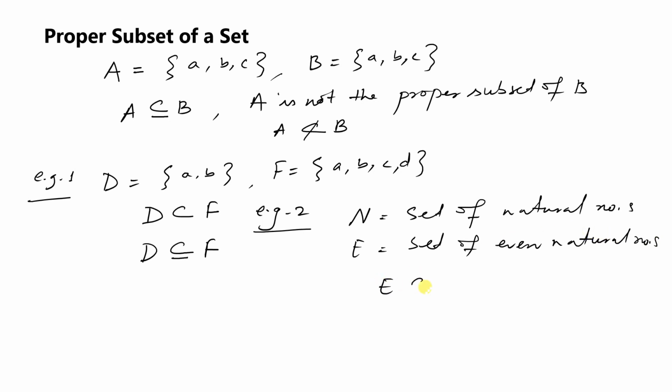So you can say E is the proper subset of N, because N also has odd numbers, so they will never be equal. So E, the set of even natural numbers, is the proper subset of N. Any doubt up to this?